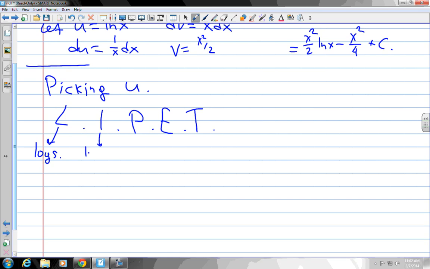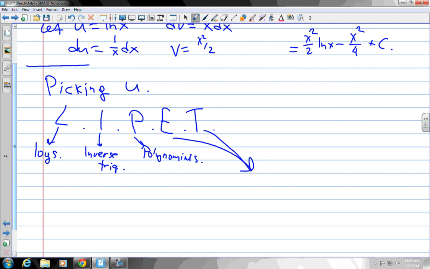I stands for inverse trig functions, because again, those are kind of hard to integrate, right? If you have an inverse sine as a part of your expression, integrating that is going to be hard. So differentiate that. P stands for polynomials. And ET, that's exponential and trig.